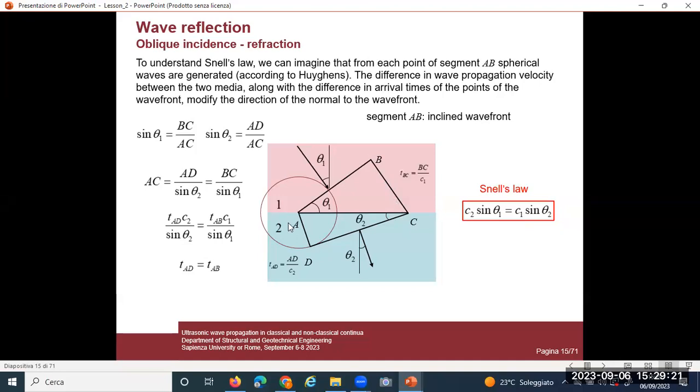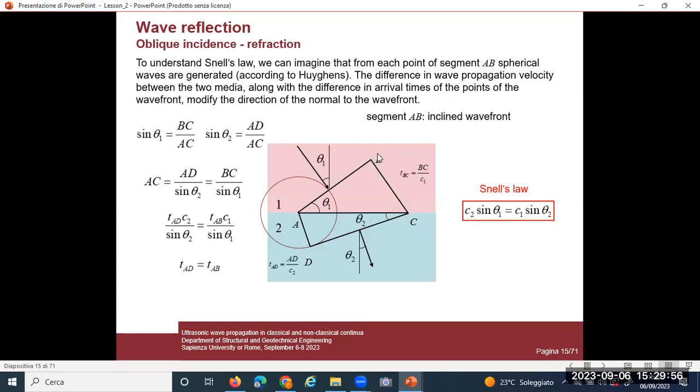You see that the time is the same. So in this specific drawing, I have assumed that the speed in the second material is larger than the speed in the first material, because in the first one, in the same time... no, sorry, it's the opposite.